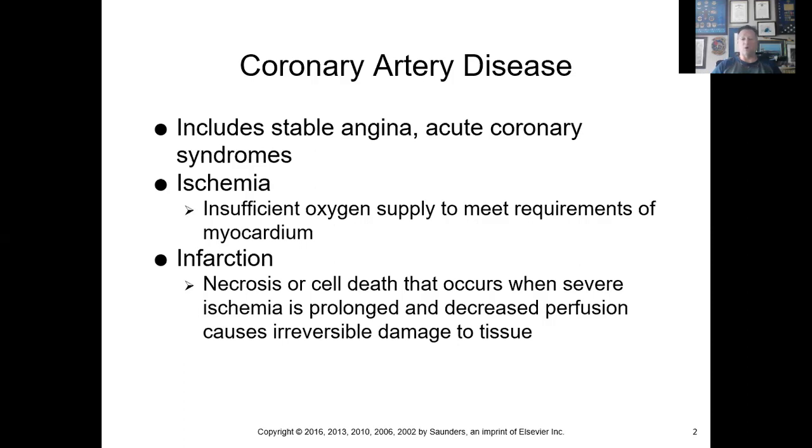In other words, it's so blocked off that there's absolutely no way you can get blood supply to that part of the heart that needs it. You'll see this is due to plaque buildup and plaque rupture inside the intima of the blood vessel that leads down to the heart. Now, just a quick review real quick.